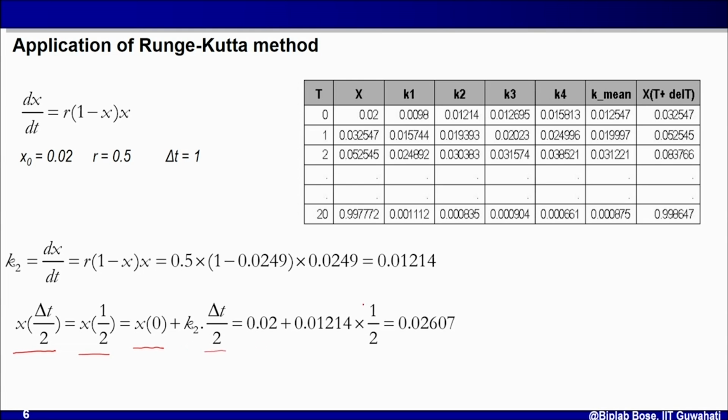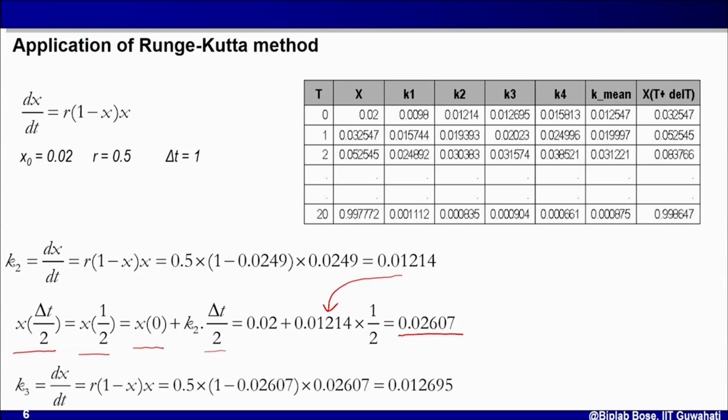If you put this value, k2 is the one that I have calculated in the last step, I get a new value of x as 0.02607.